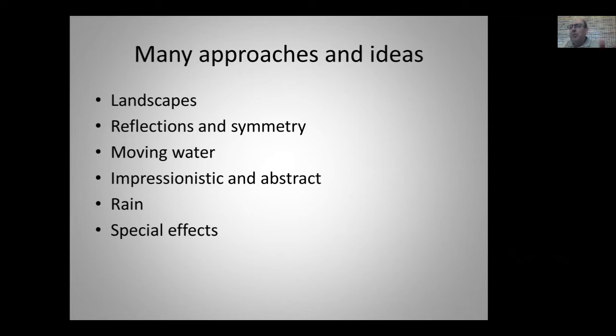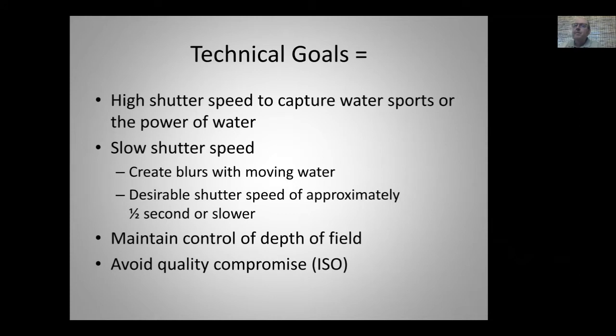Because they all depend on it to some degree, the management of how much exposure you're getting into your camera, I wanted to talk a little bit up front about some of the technical things. And this would be along the following lines. For anything that's moving fast, or where we want to show the power of water, we're generally going to have a higher shutter speed and a normal speed for the light that we're getting.